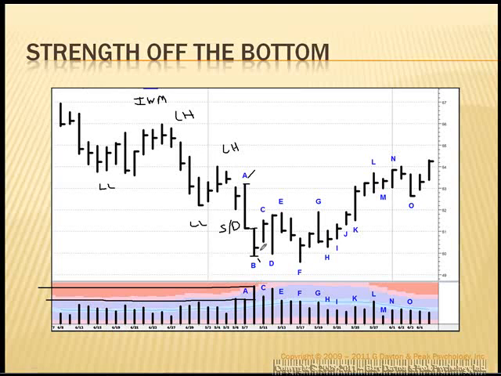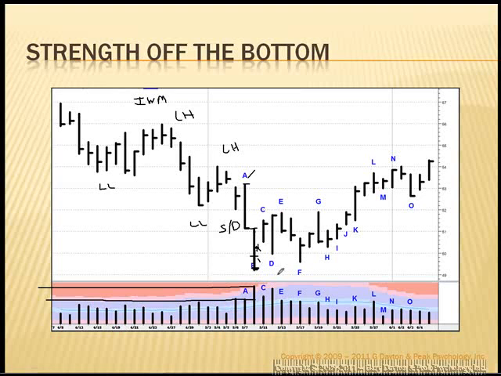If the spread is narrowed down a bit on substantially more volume, buyers entering the market. Yes, buyers are entering the market. That's right. Because if it were all selling, think about it for a second. If it were all selling, we should see, on this kind of volume, this bar be more like this, and not closing here, but closing like this.